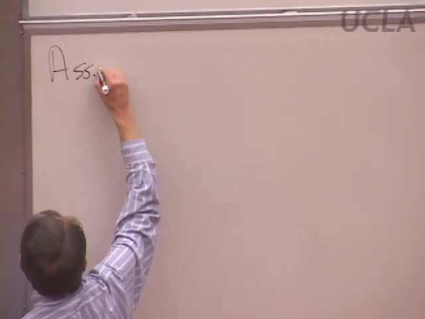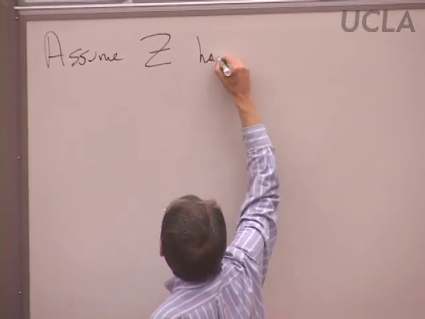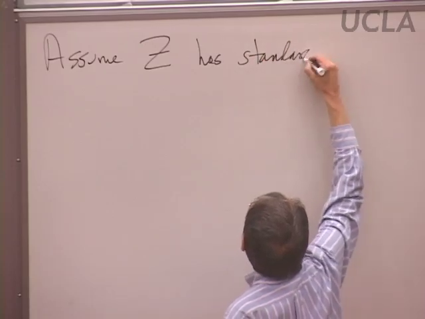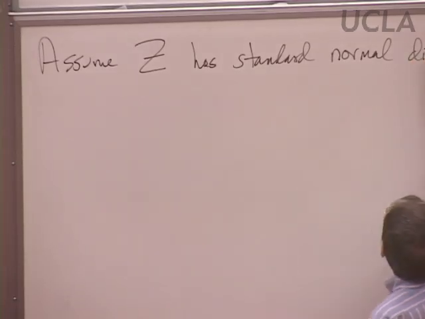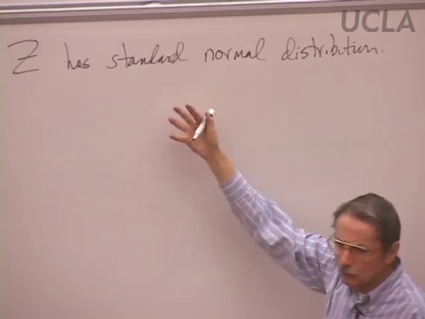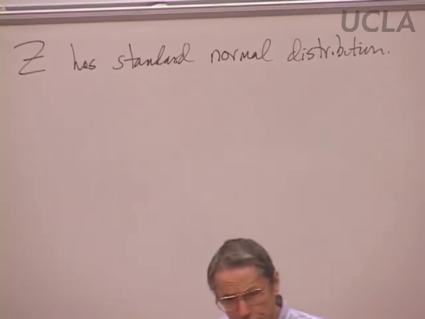So suppose we have random variable z with a standard normal distribution. In fact, we're pretty much going to reserve the letter z just for this purpose and not use it for anything else.